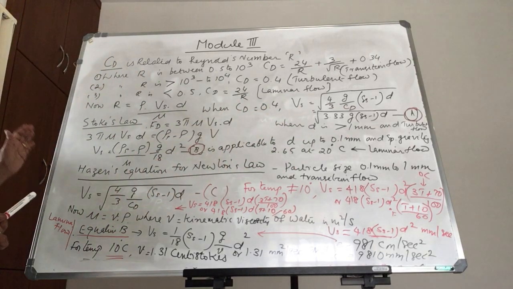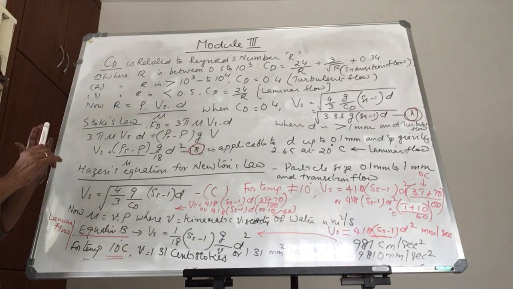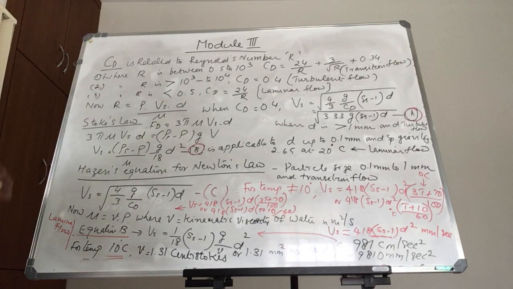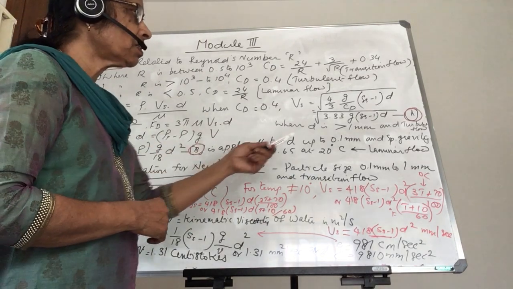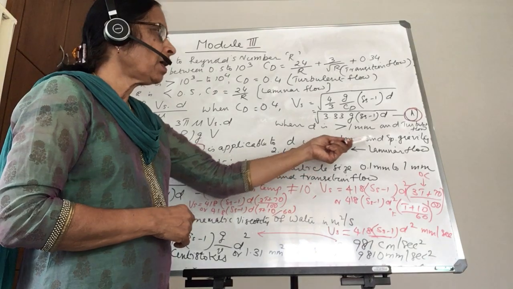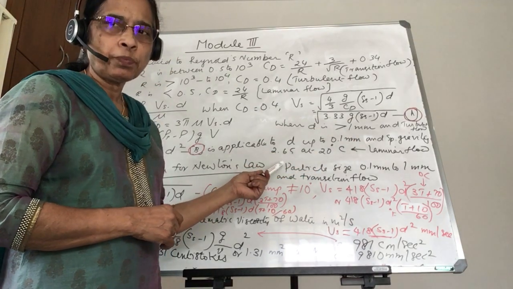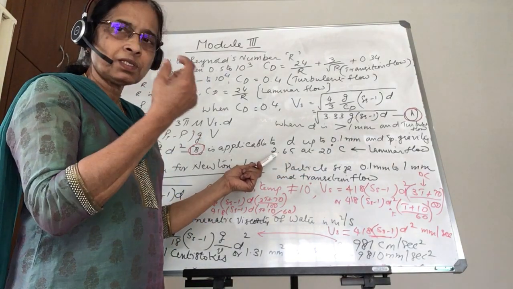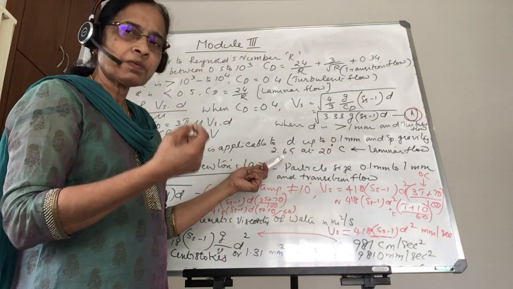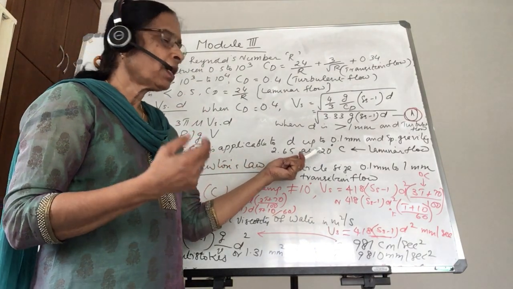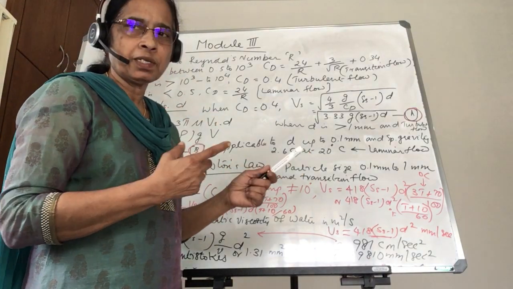Now coming to the second condition, that means the particle size is up to 0.1 mm and its specific gravity is 2.65. Even though the size is very small, its specific gravity is 2.65 at temperature 20 degrees centigrade.